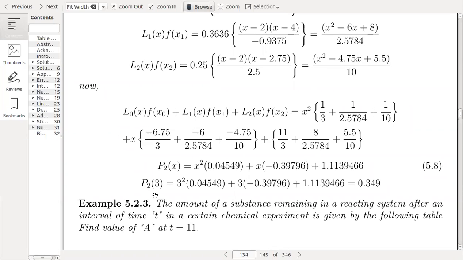If we replace x with 3, we get the required answer. P2(3) = 3² times 0.04549 plus 3 times minus 0.39796 plus 1.113946, and this answer is 0.349.